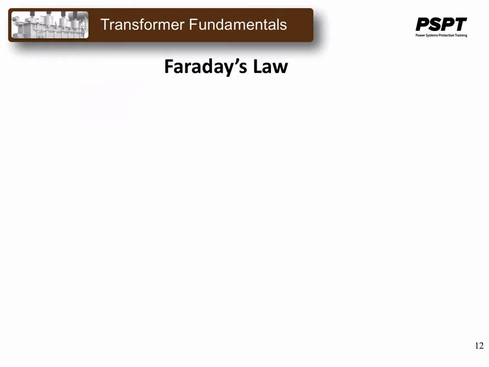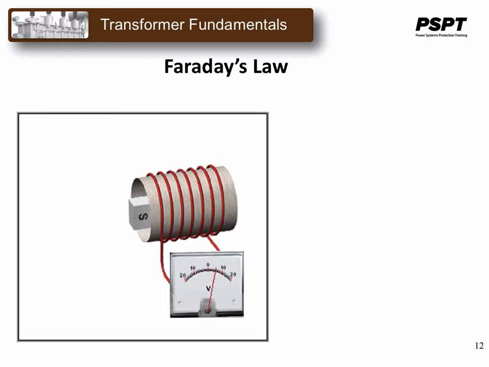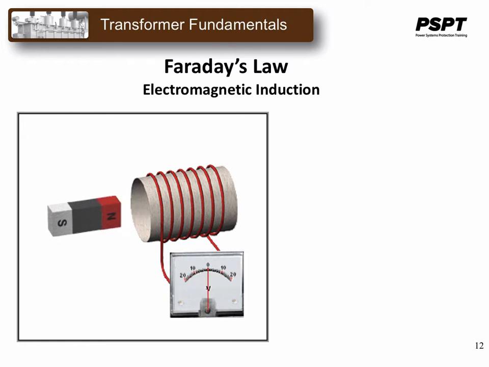The next thing we want to review is something called Faraday's law. Michael Faraday discovered that whenever a conductor is moved through a magnetic field, or whenever a magnetic field near a conductor is changed, current flows in that conductor. This effect is called electromagnetic induction.